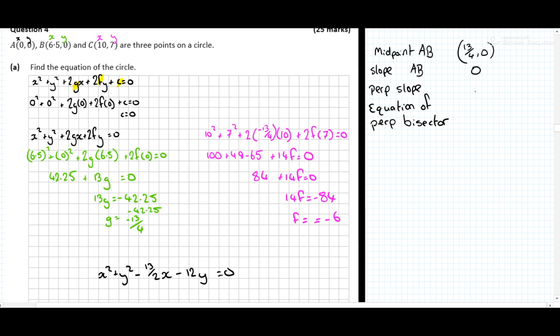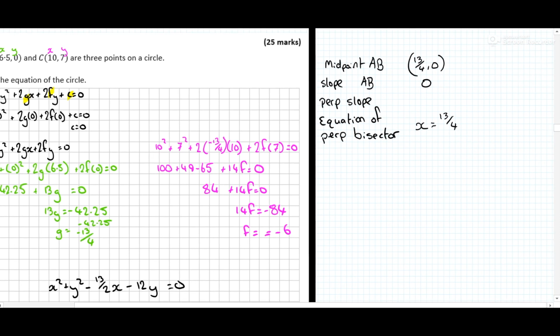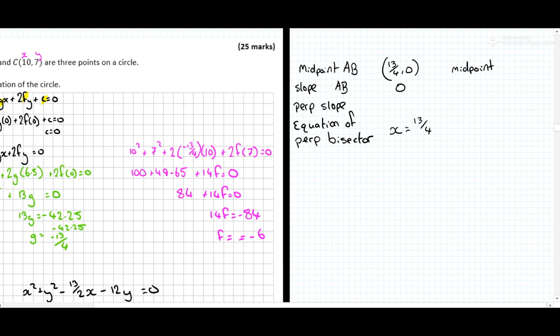The vertical slope, we don't really need to worry about that because it's a vertical line. So what's the equation of a vertical line? It's just going to be x is equal to 13 over 4 because the perpendicular slope is undefined. So that's the equation of the perpendicular bisector of AB. If we find the midpoint of, let's see, A to C.